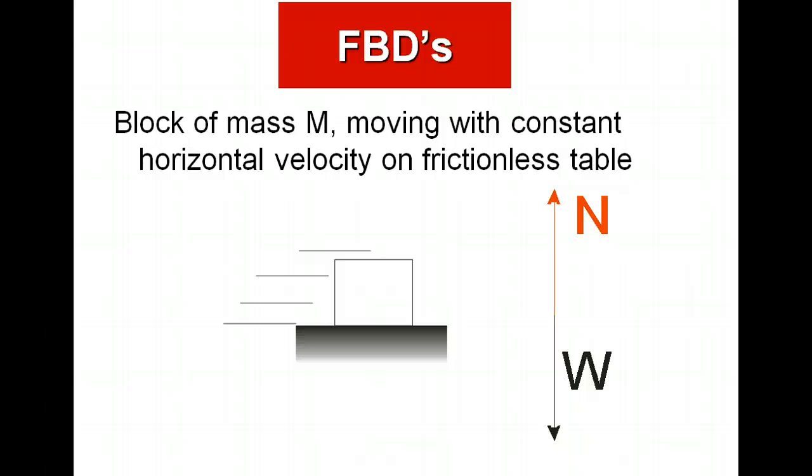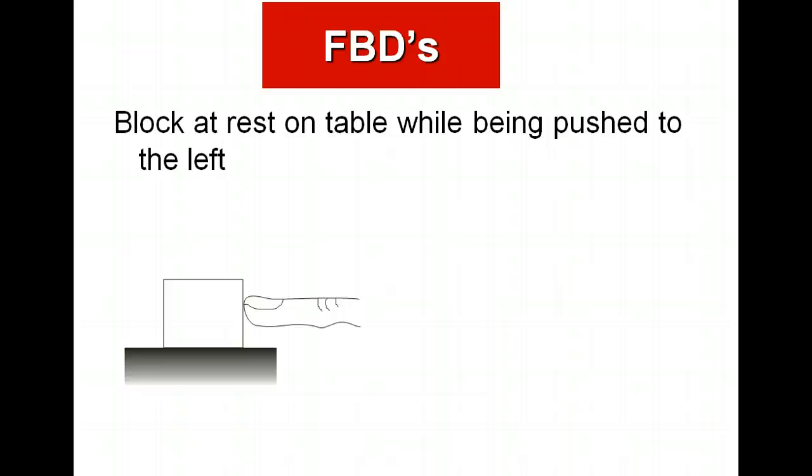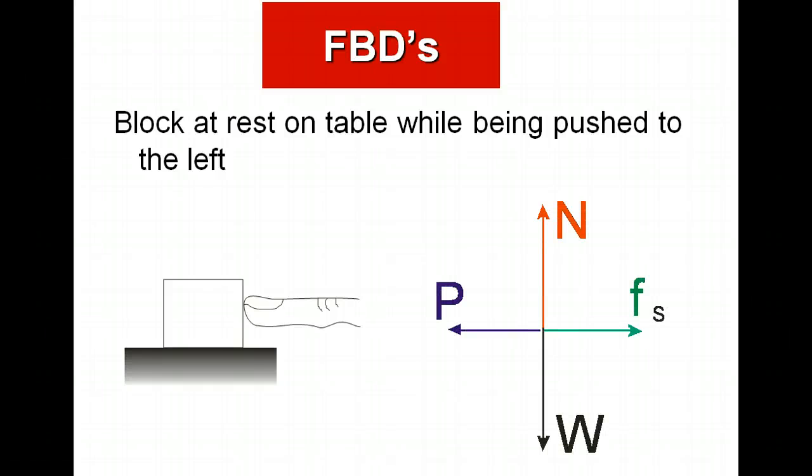Moving on, next problem. A block at rest on the table while being pushed to the left. This block is at rest. Draw the free body diagram of the block. Okay, the obvious vertical forces: the weight downward, and the table's normal force upward. There is a push to the left, and that's the force of the finger on the block.